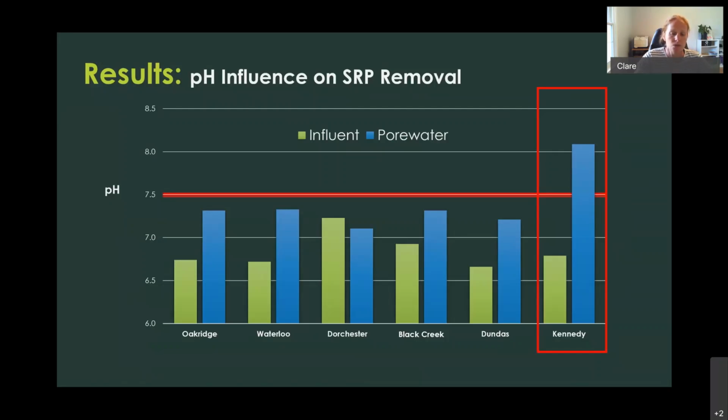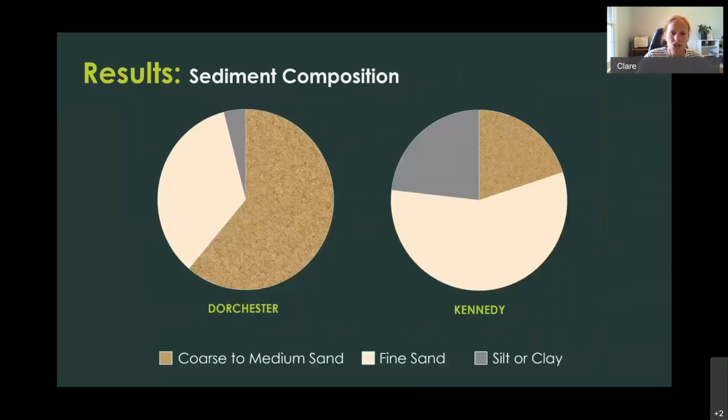One of the reasons for the Kennedy site we see such high pH is partially due to the sediment composition. So we can see for the Kennedy site, our failing system, that we have much lower permeability media. What this means is you get less infiltration, longer residence times in the system, and that promotes organic matter decomposition.